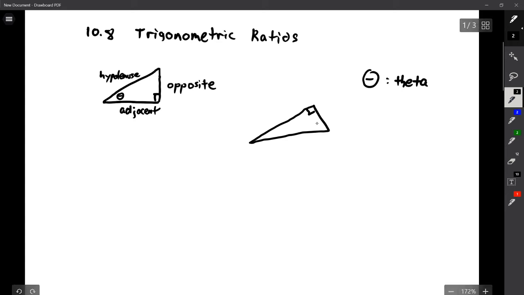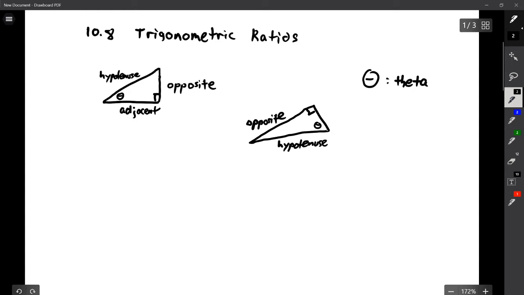And let's say I say that theta is here. Okay, well, here is our right angle, right? So that must mean that the hypotenuse is this one. And then what's the side that is opposite theta? Well, that's this one over here, opposite.